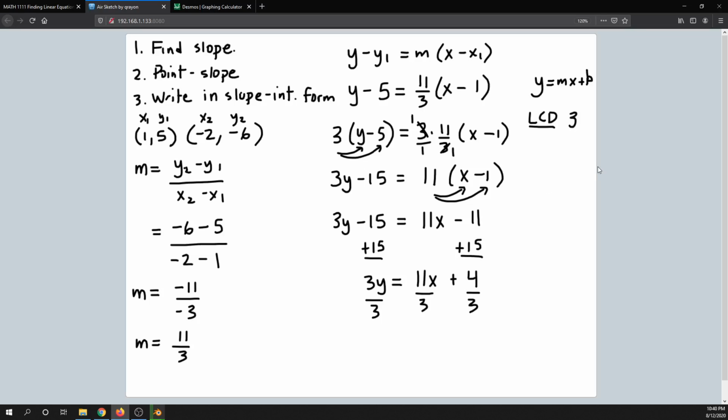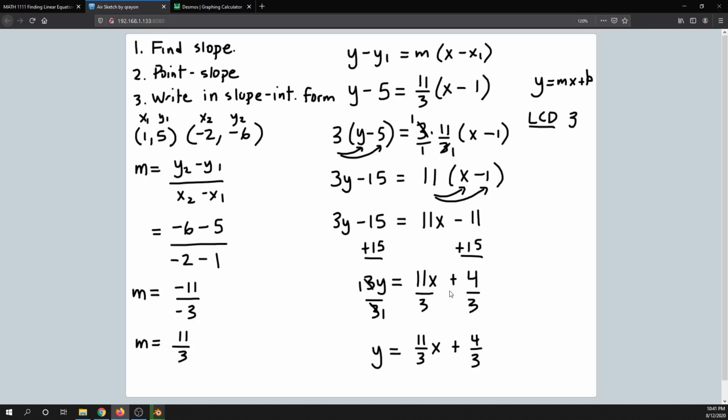So I divide every term by 3. This term, the common factor of 3 would cancel out and leave me with 1y. This would be 11 thirds times x. And this would be 4 thirds, like so.